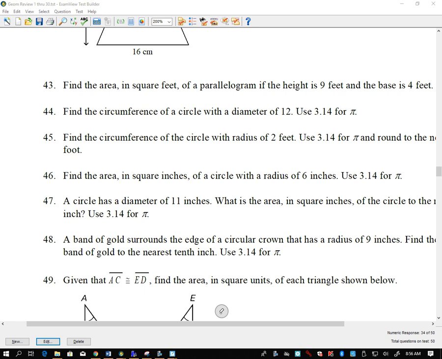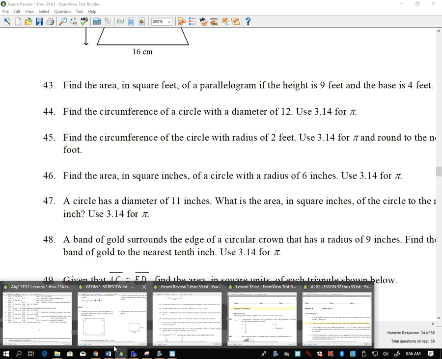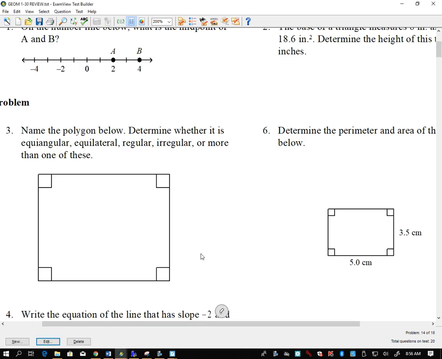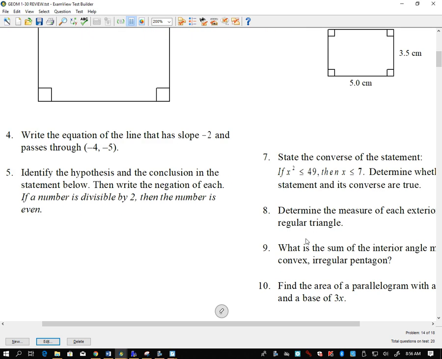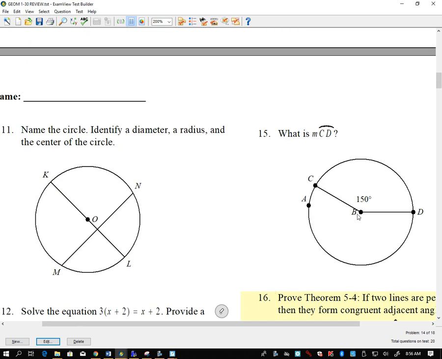Okay, question number 18 is going to give you a central angle and ask you what the intercepted arc is. This would come from question 15, what you see here. So if the central angle is a certain degree, the intercepted arc is going to be that exact same degree.